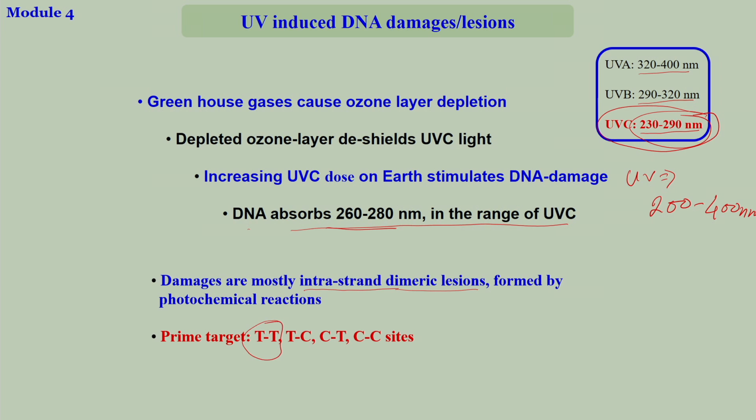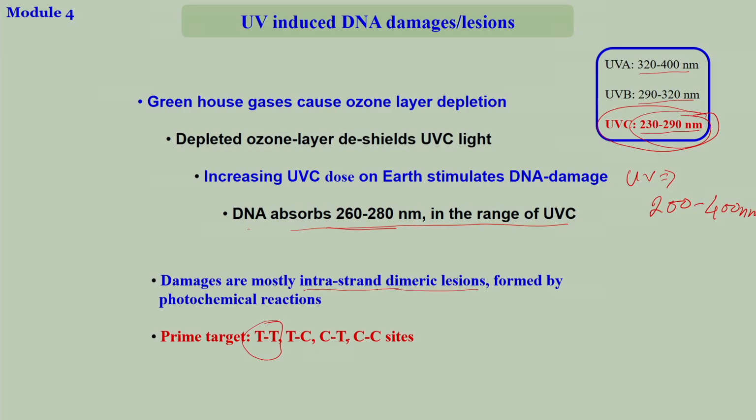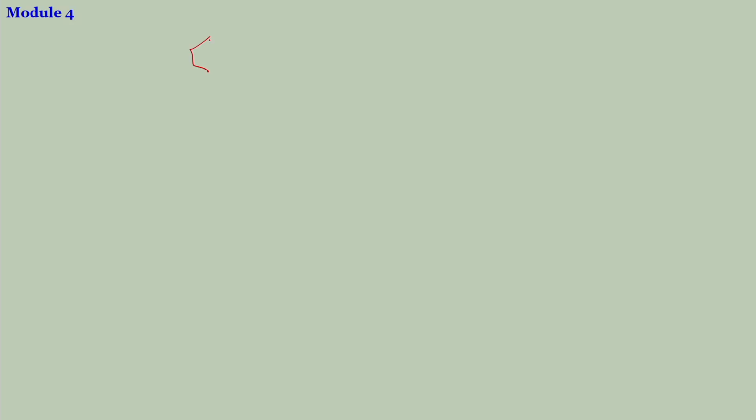The most UV-induced DNA damage occurs on the pyrimidine nucleobases. Thymine-thymine, thymine-cytosine, cytosine-thymine, cytosine-cytosine sites are more susceptible to undergo DNA damage or DNA lesions. Now, I will show you the chemistry that goes on and what products are formed, and later we will see how these structural changes lead to mutations.